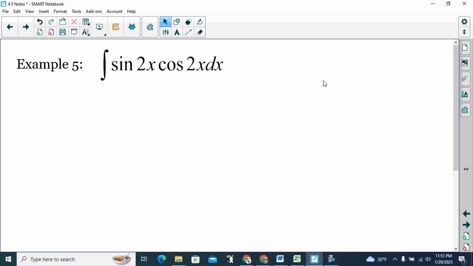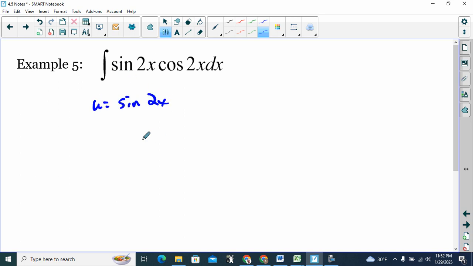Again, most of them look like examples 1, 2, and 3, where once you have the hang of it, it's not too bad figuring out what u should be equal to. Sometimes you just have to try something, see what happens. So on this one, let's try u equals sine 2x.